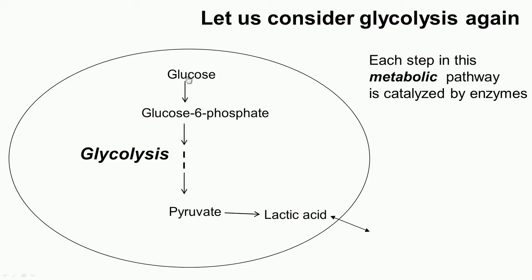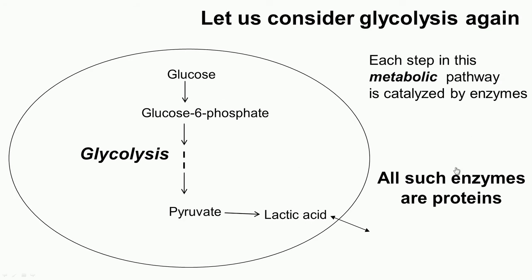However, the conversion from one carbohydrate to another, glucose to glucose 6 phosphate, glucose 6 phosphate to fructose 6 phosphate and so on and so forth, each step of this so called metabolic pathway glycolysis is catalyzed by enzymes. Each of these steps is made possible at the temperature of the cell because of catalysts called enzymes, and all such enzymes that we are concerned with are proteins.